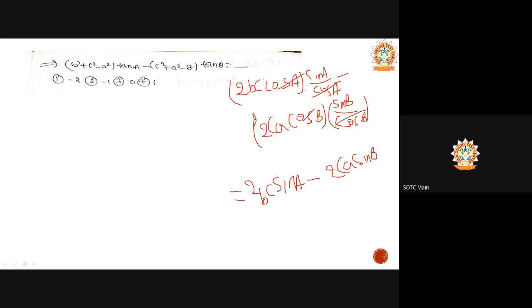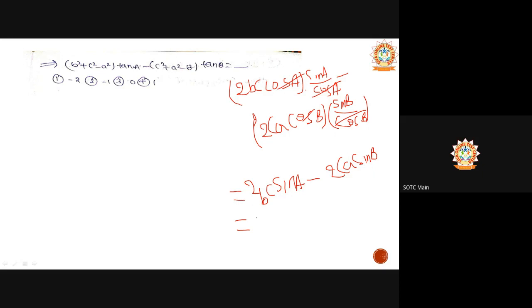So now what is the next step? 2 common. Okay, so what I am doing here: 1/2 bc sin a, minus 1/2 ca sin b.